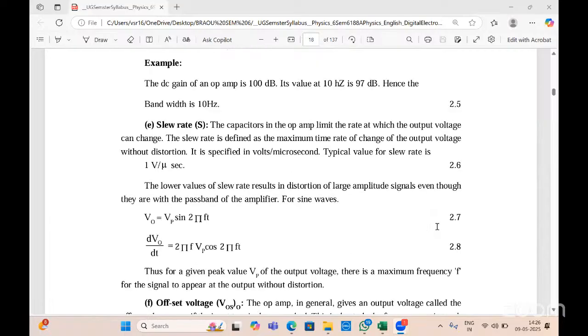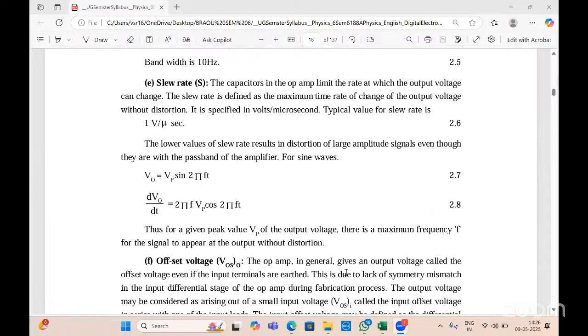Next is slew rate, which is indicated by S here. The capacitors in the op amp limit the rate at which the output voltage can change. So it is the maximum time rate of change of output voltage without distortion. That is called slew rate, and it is specified as 1 volt per microsecond.